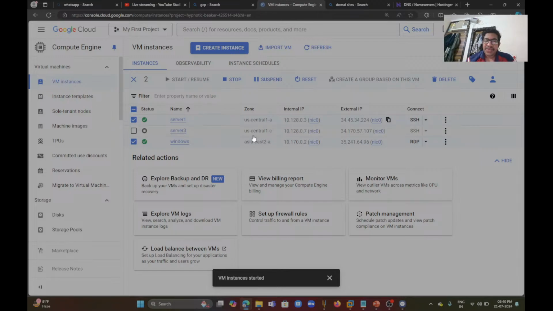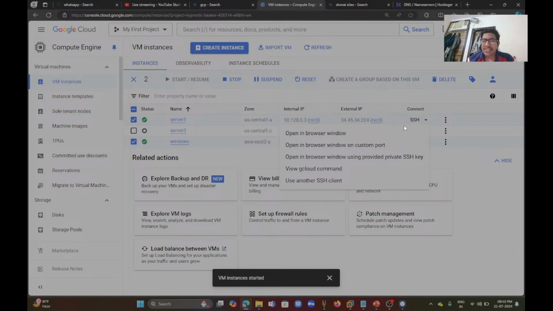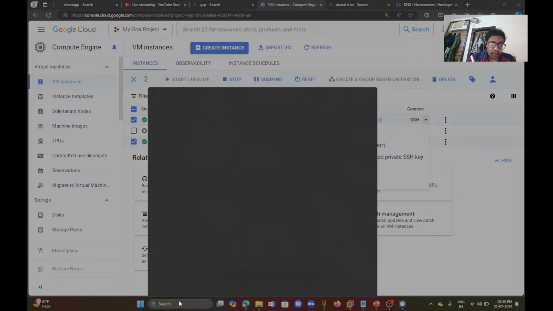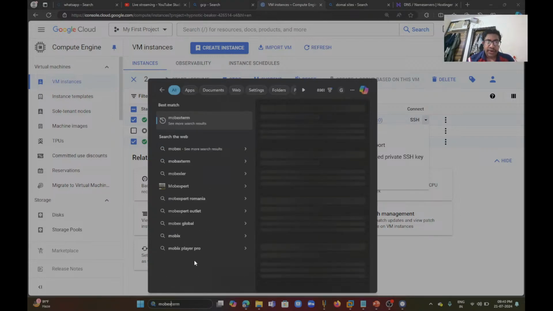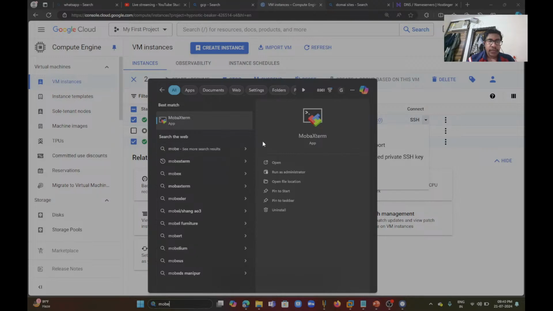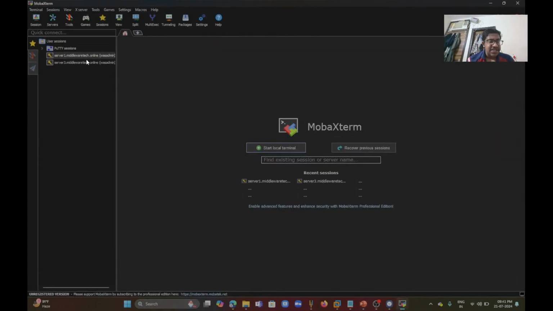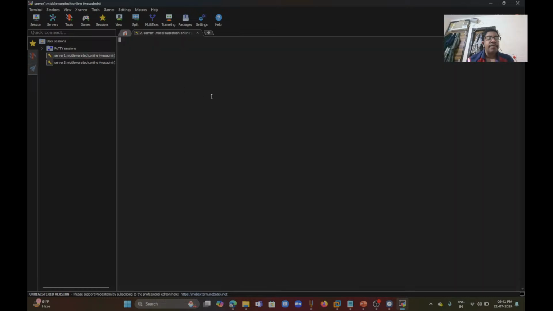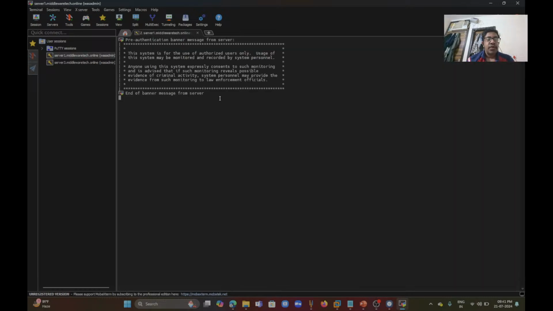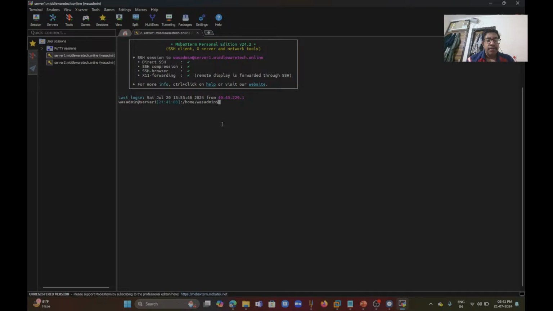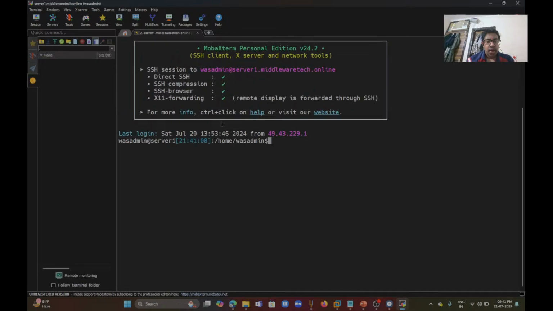Please be careful, we can do SSH here. Open the browser, or we can do it in MobaXterm, or we can use SSH. I already have it.